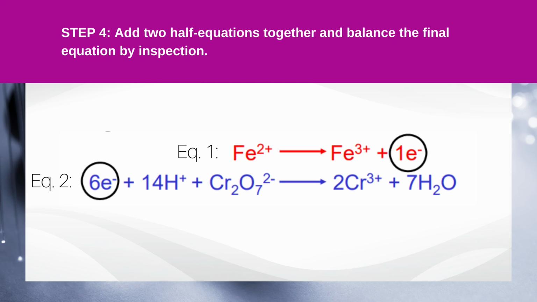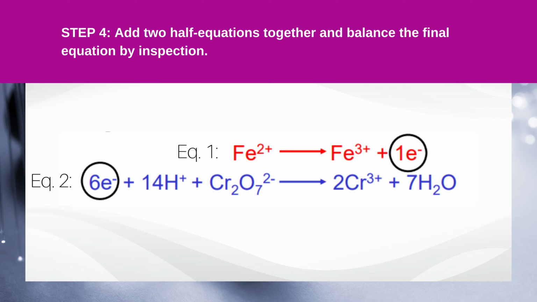Next, we continue to step 4. In this part, we add two half equations and balance the final equation by inspection. The slide shows the two balanced equations. If necessary, equalize the number of electrons in the two half reactions by multiplying the half reaction by an appropriate coefficient.